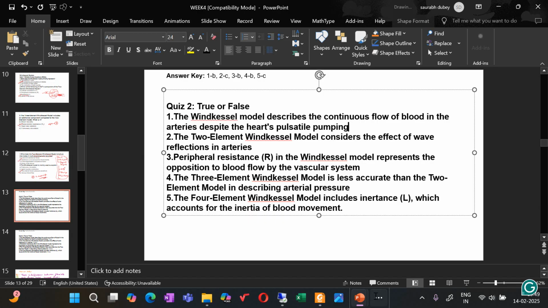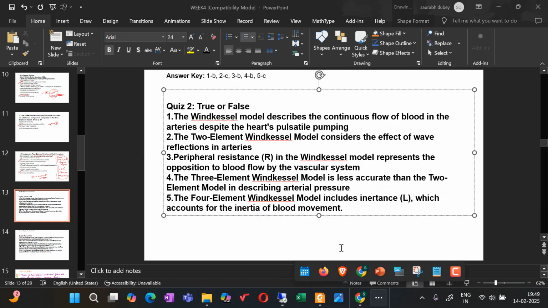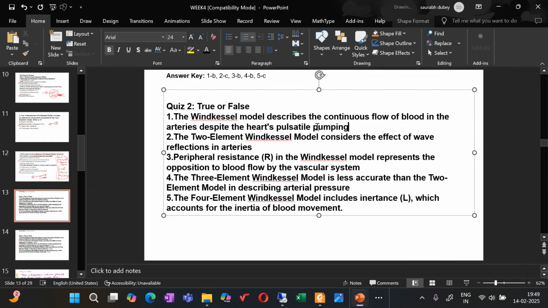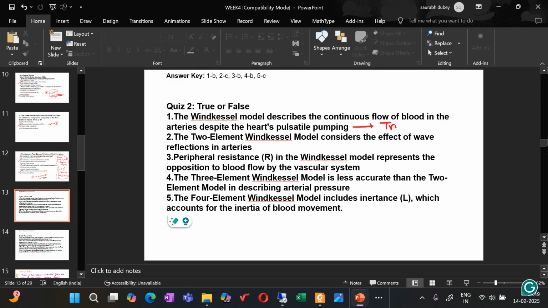So this one is true or false? This one is true, right? It doesn't consider this pulsatility. This model assumes there is continuous flow of the blood in the artery.